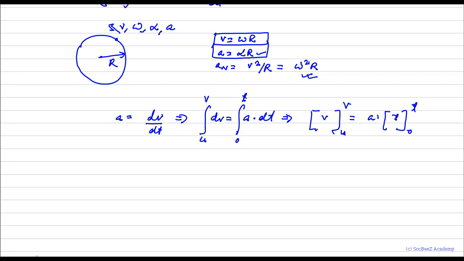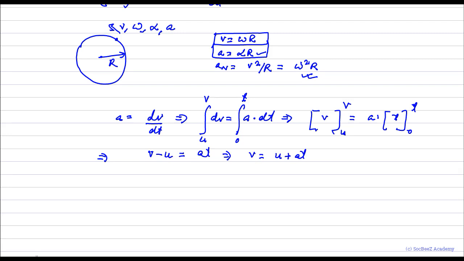At time t equals t, the body has final velocity of v. So if I put in the limits, I'll get v minus u equals a into t, which gives me the first equation of motion as v equals u plus at.